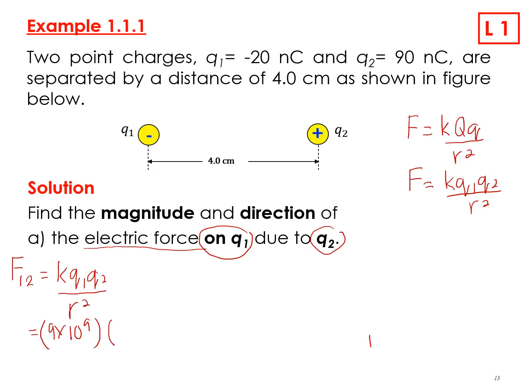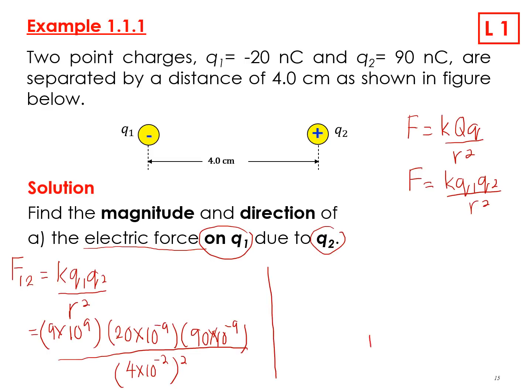Now just substitute k is 9 × 10^9. Q1 is 20, substituted without the sign, with nano being 10^-9, and Q2 is 90 × 10^-9. Sorry for my bad handwriting. Over the distance separated between them, which is 4 cm, so 4 × 10^-2, squared.